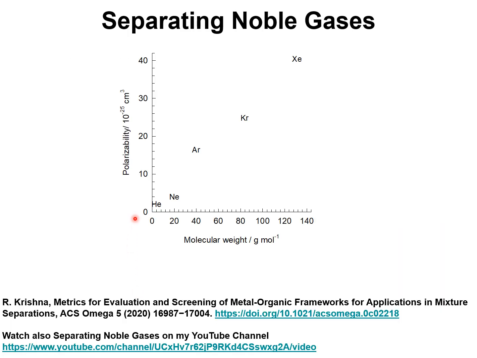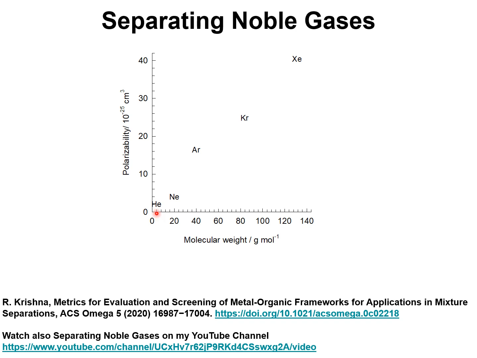The separation of noble gases such as helium, neon, argon, krypton, and xenon are essentially based on the differences in the polarizability that are in turn related to the molecular weight or molar mass of the noble gases.